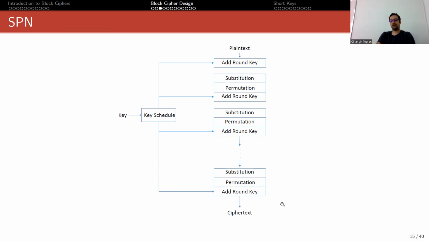Think about it in this way. The person who listens to the communication obtains the ciphertext. They know the algorithm, which algorithm we are using, but they don't know the key. So from the ciphertext, in order for them to obtain the plaintext, they have to go backwards, right? But even the first step is adding the round key, and you don't know the round key.